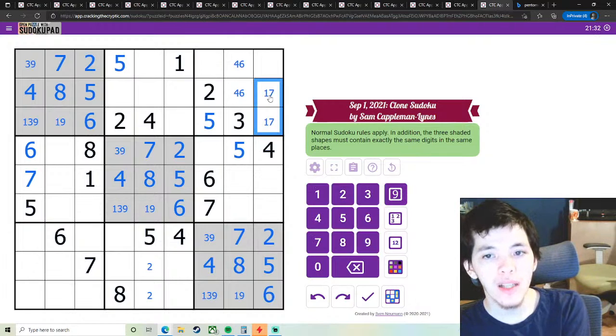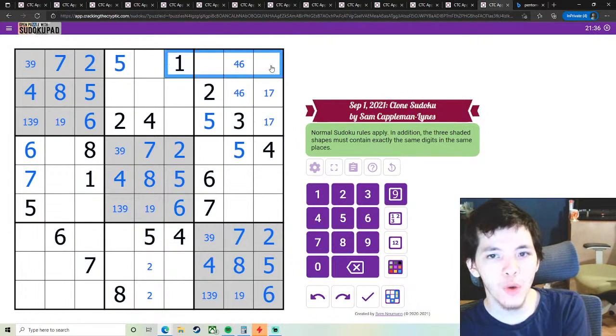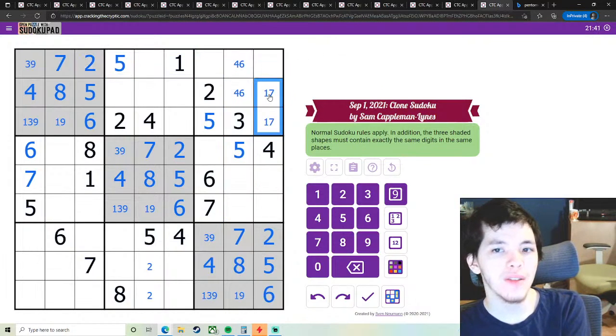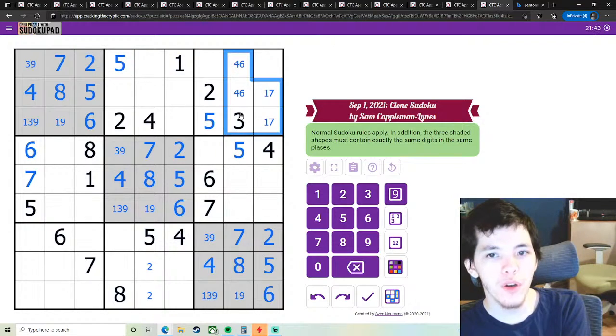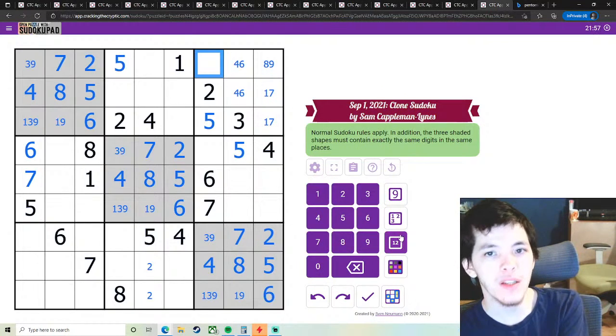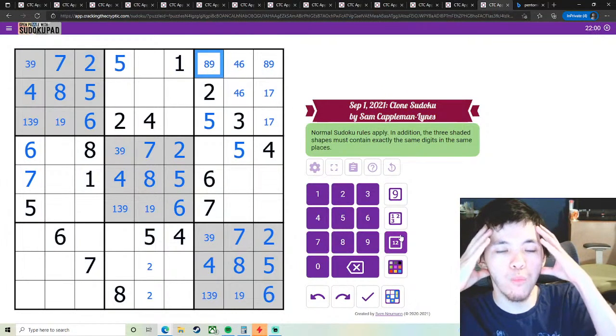And now we have 1s and 7s confined over here. 1s cannot go anywhere else. 7s also cannot go anywhere else. So we have so many digits in here theoretically. We have a 1 somewhere in here, a 2 and a 3, a 4 somewhere in here, a 5, a 6, a 7, and the last 2 digits that we're missing are 8s and 9s, which must go into these empty corners.